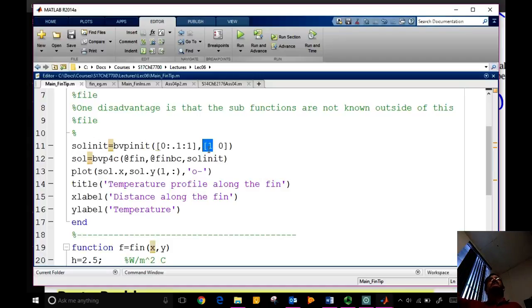It's only a guess, right? It's going to correct that guess to satisfy the differential equation. That guess will not satisfy. Well, that guess will satisfy the differential equation, wouldn't it? If I put a constant theta, if I make that theta equal to 0, it will satisfy the differential equation because the derivative is 0, second derivative is 0, theta is 0.